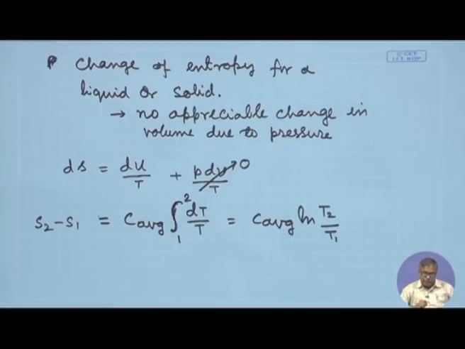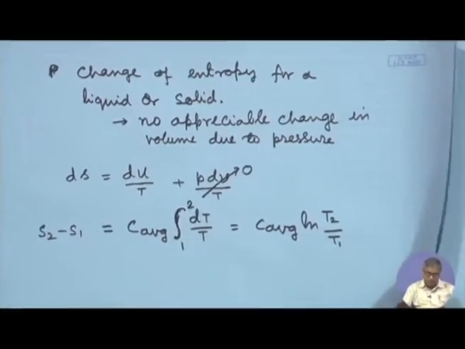In general, specific heat is a function of temperature, but if we take some average value for the process from 1 to 2, it can be taken out of the integration sign. So, we get this equation.